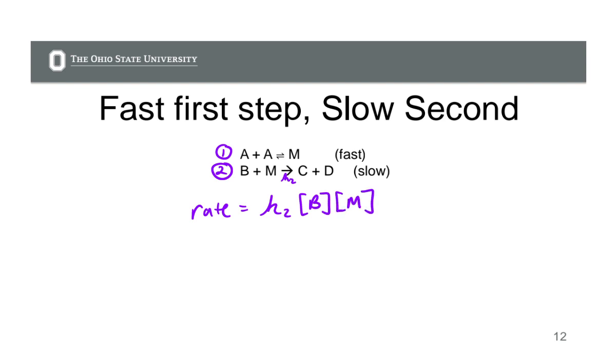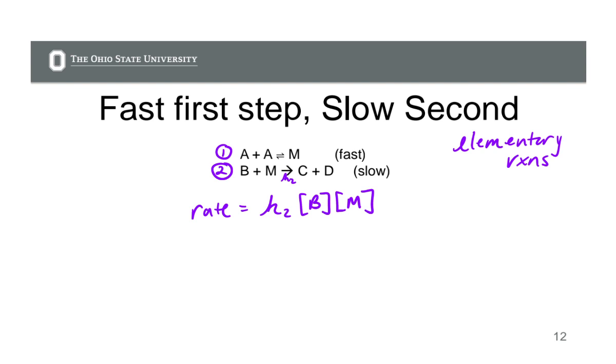And remember, for chemical equations that show up in a reaction mechanism, these are referred to as elementary reactions. And from an elementary reaction, you can obtain a rate law using the stoichiometry.